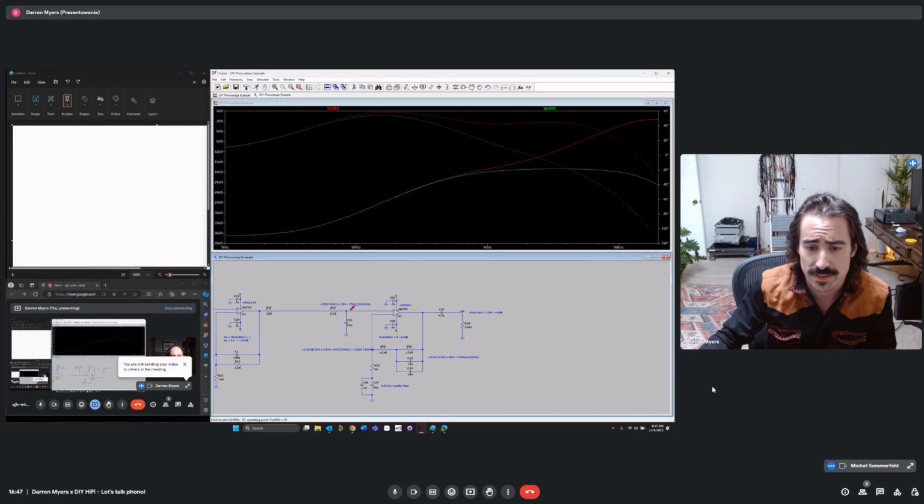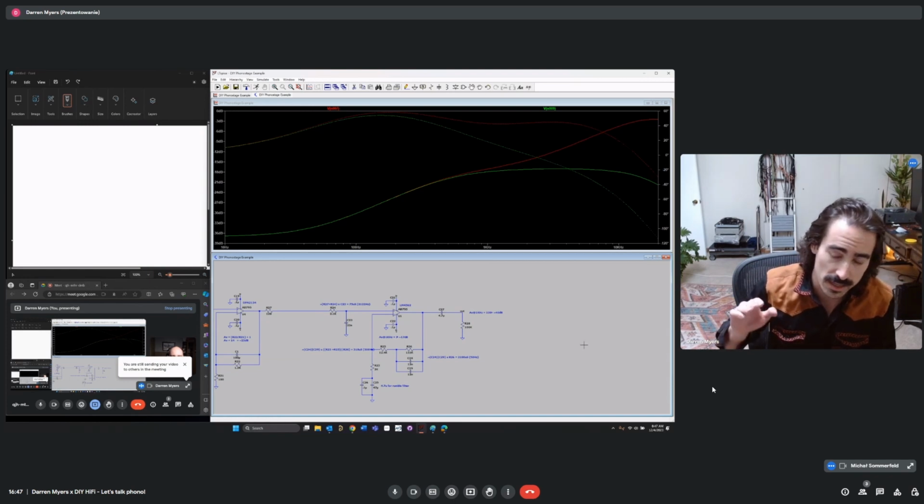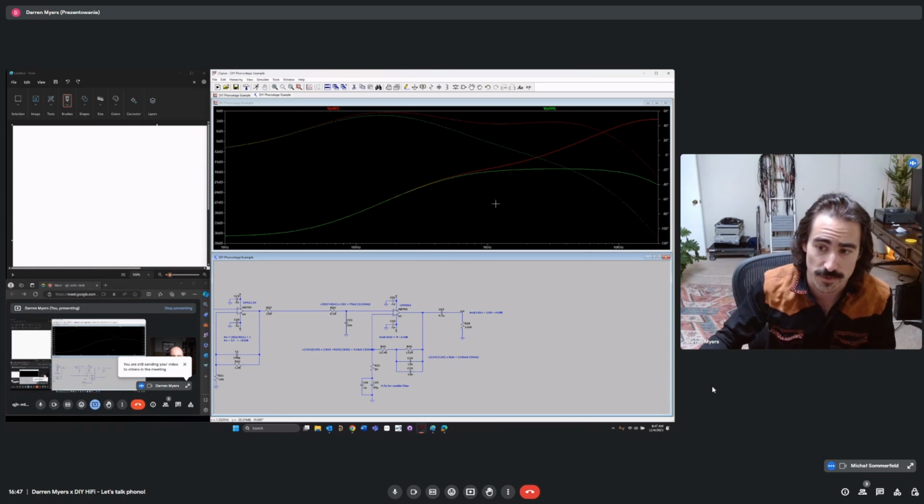So this actually helps us even more because the amount of feedback applied to the system from 1 kilohertz to 20 kilohertz is flatter. And that is advantageous, to not have to change the amount of feedback versus frequency in this sensitive area.